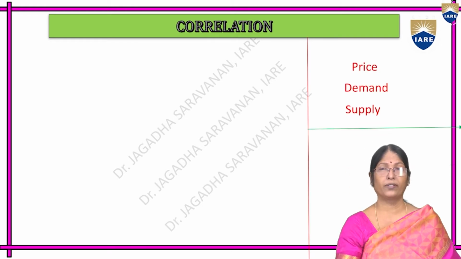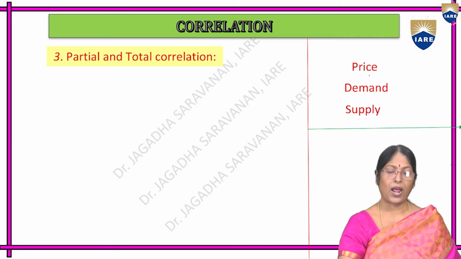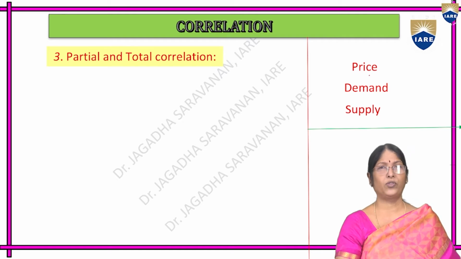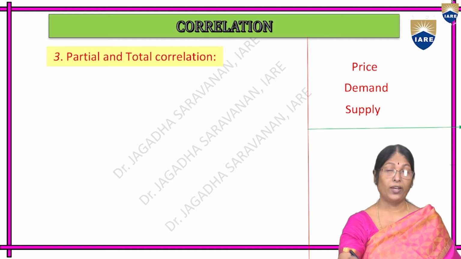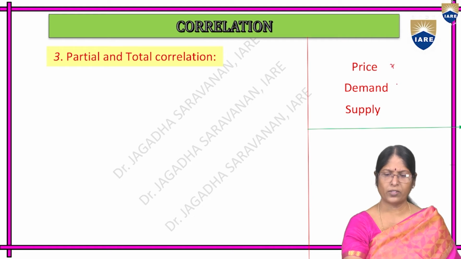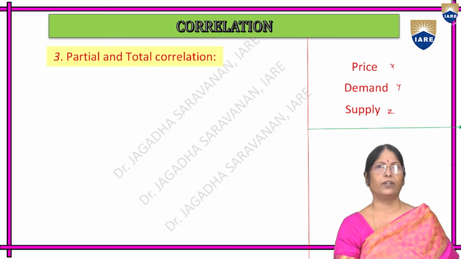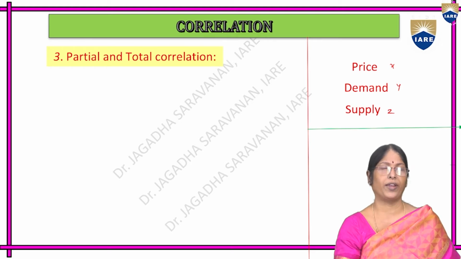The next one is partial and total correlation. We have taken price, demand and supply. We are instructed to concentrate on these three. Totally three variables. Here we can take this as X, this Y, this Z. All three we have to concentrate on.